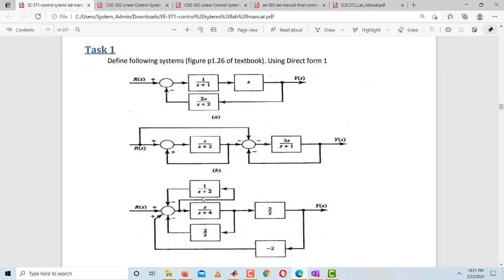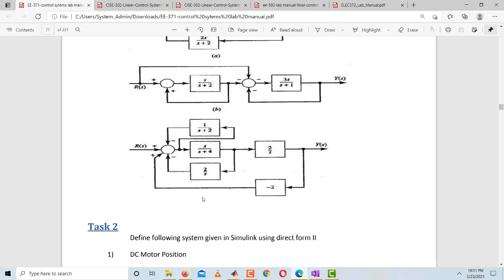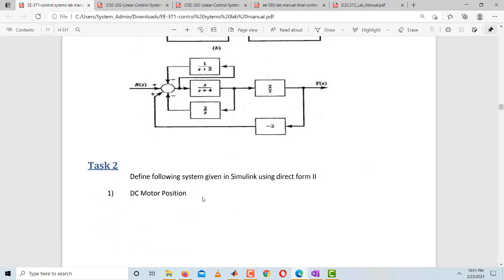So your first task is that you have to define these problems. These problems are from your book, and you have to define them in MATLAB using the direct form 1. And of course, the first example that I have explained, using the summer, integrators, and differentiator blocks. The other task is that you have to define the system given in Simulink using the direct form 2 realization.